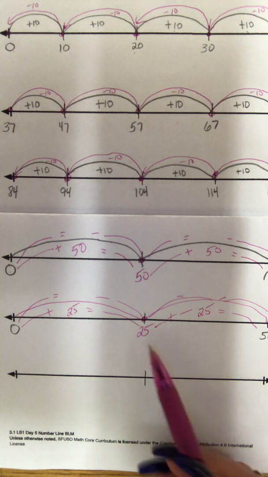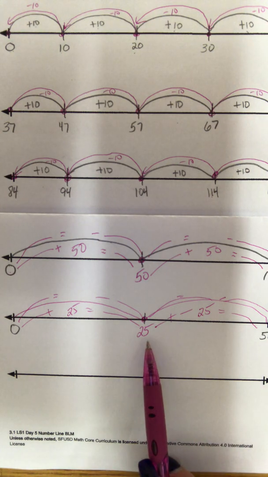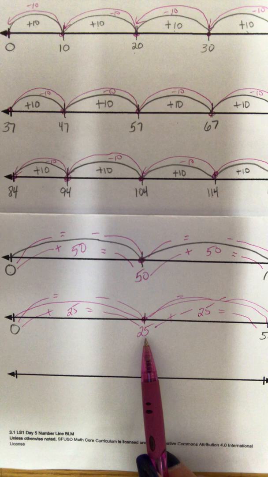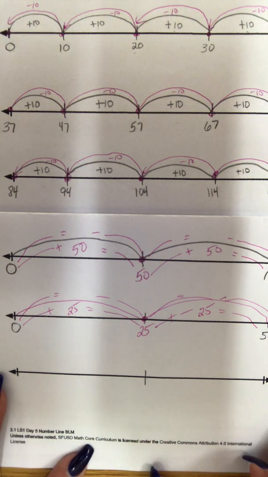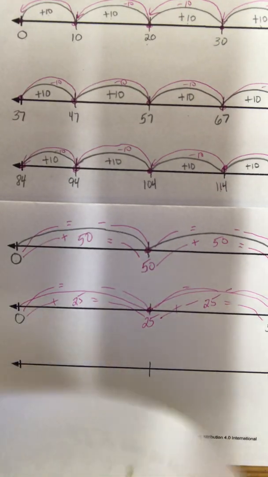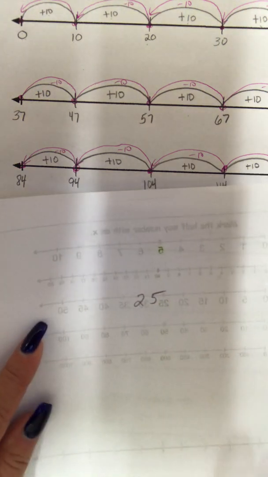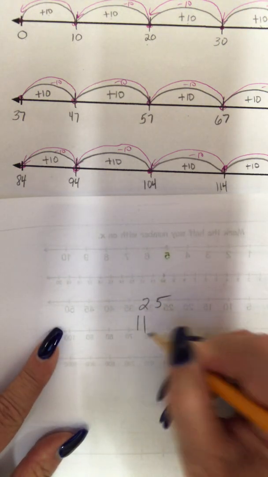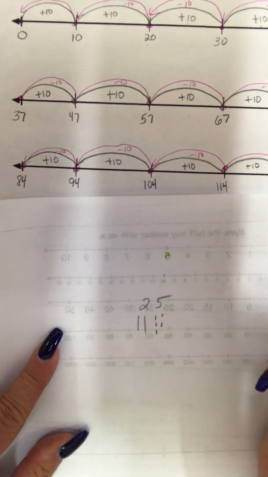Now, if we wanted to take 25 and split it in half, we're going to have some trouble because 25 is an odd number. So when you look at 25, if you take 25 and think about it as tens and ones, you have 2 tens and you have 5 ones. 1, 2, 3, 4, 5.